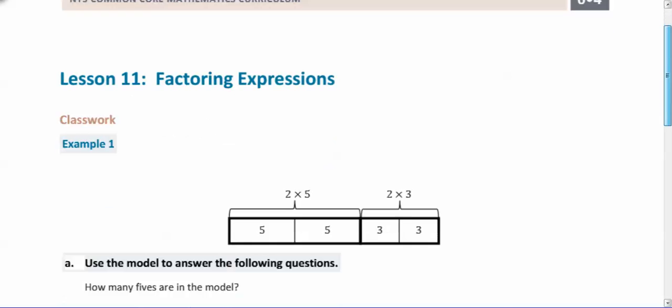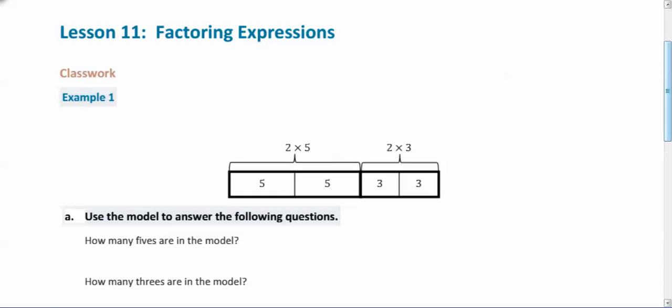So we're going to talk about factoring expressions. So we're going to take our little mental time machine here and go back to talking about factors. Who can remind me what a factor is? Jackson. Part of a whole number. Okay, so can you be more specific?